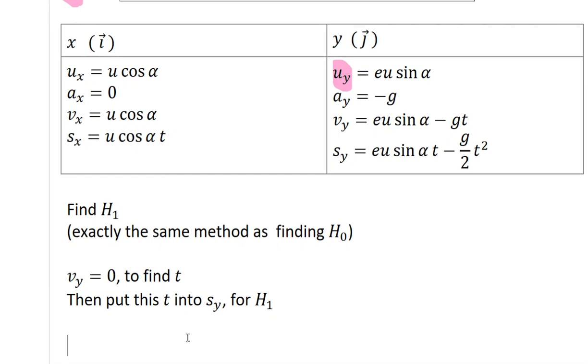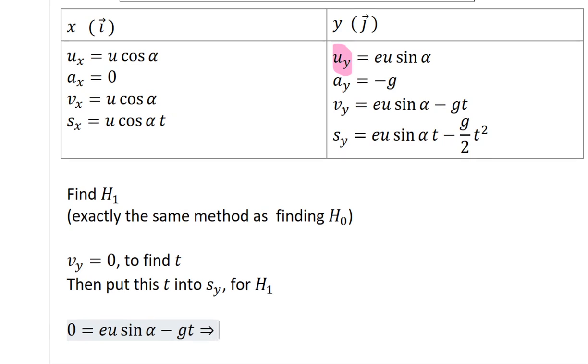So Vy equals 0, so 0 equals eu sine alpha minus gt. And what that gives us is, I think it's t equals, so we bring the gt over, makes plus, then divide by g, so eu sine alpha over g. That doesn't look the way I wanted it to look.